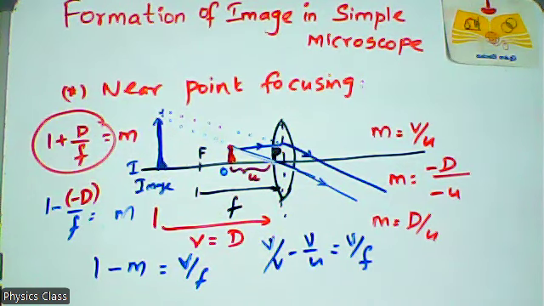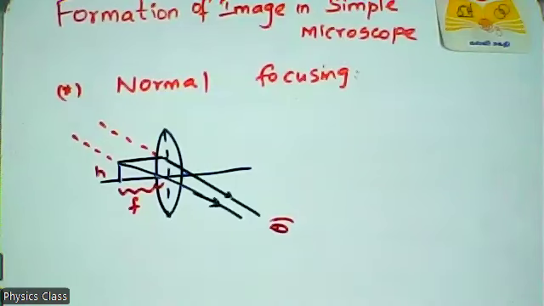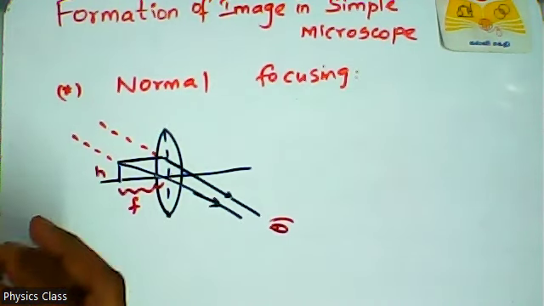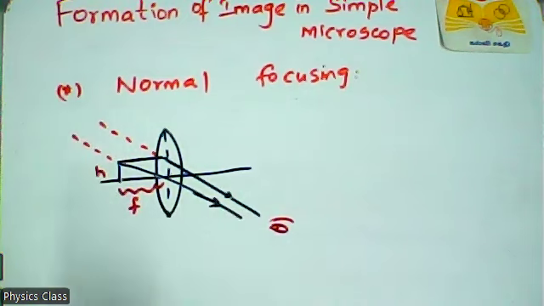For the second case, it is normal focusing. Normal focusing means the eye is most relaxed when the image is formed at infinity.